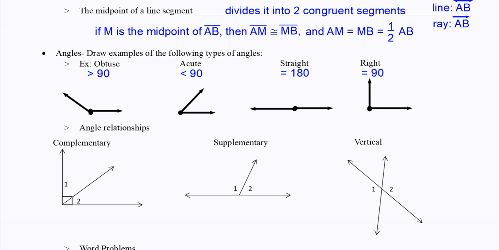Now I want to talk really briefly about how we name angles as well. If there is only one angle at the particular vertex, the vertex being the point where the two rays intersect, then I can actually just name my angle by that vertex.